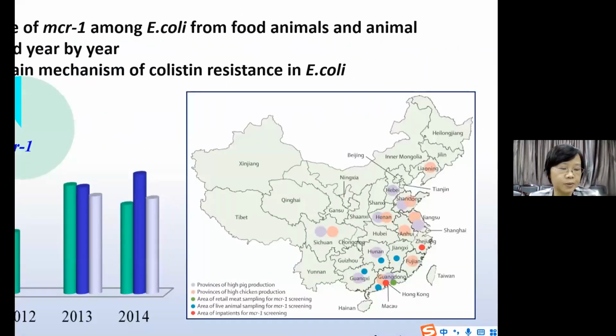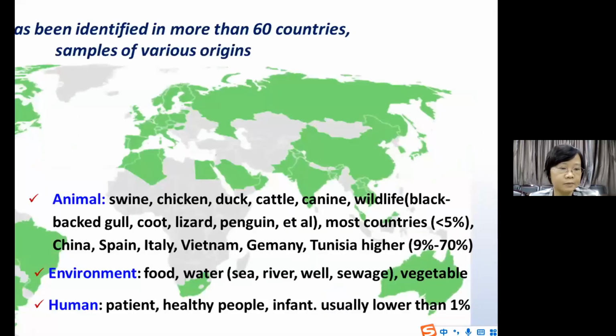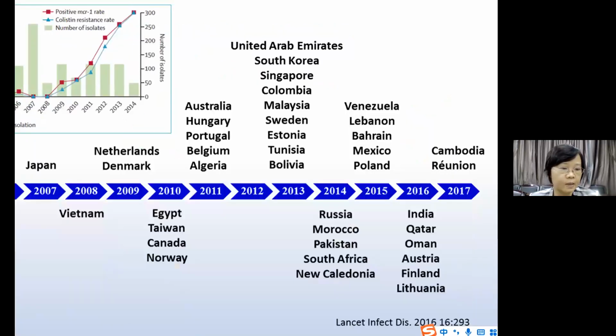After the discovery of MCR1, we screened the genes, and we detected MCR1 in food and animals, and the detection rate is rather high with a year-on-year growth trend. And we discovered that MCR1 is the main reason for colistin resistance.